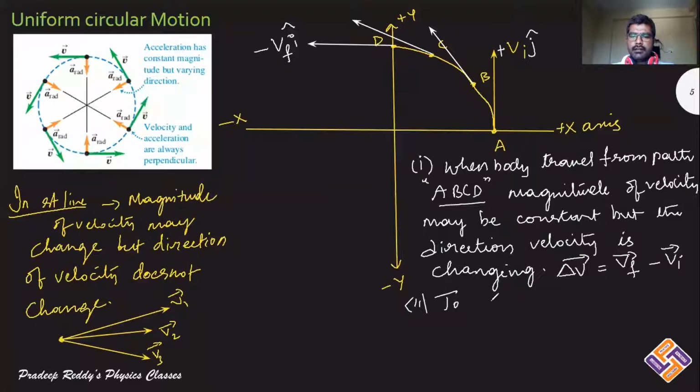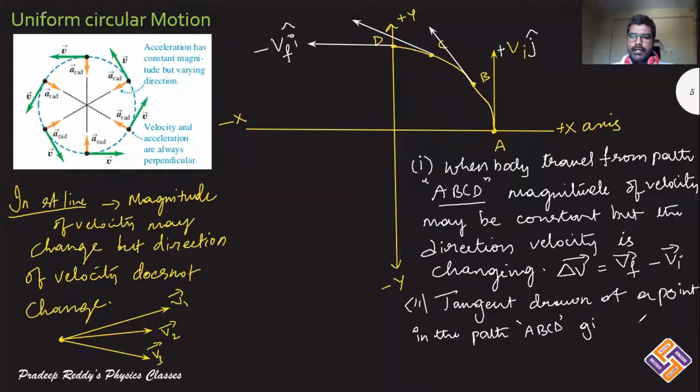A tangent drawn at a point in the path A, B, C, D gives the direction of velocity.